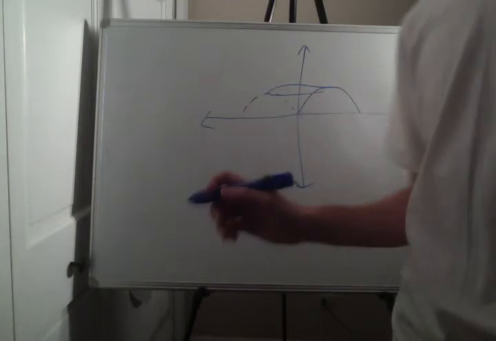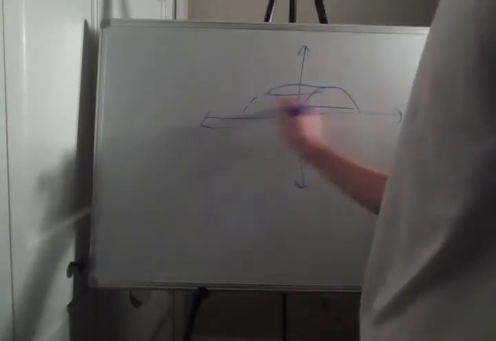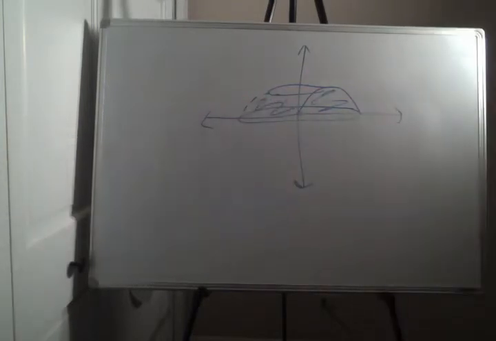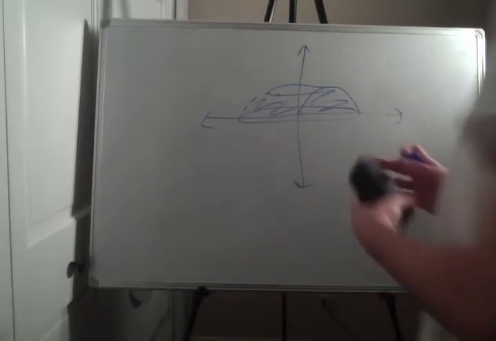A very easy way that you can do this is using something called the shell method. I think this one's called the shell method, or something like that. That's what you would end up with. So here's how we're going to do this.